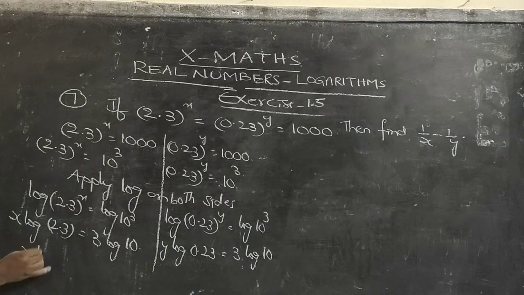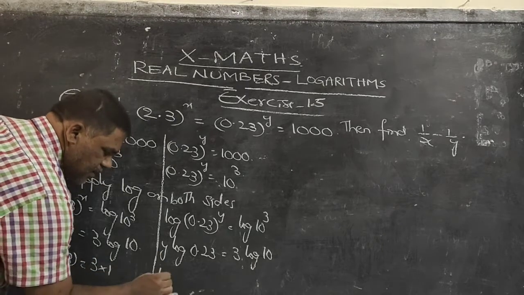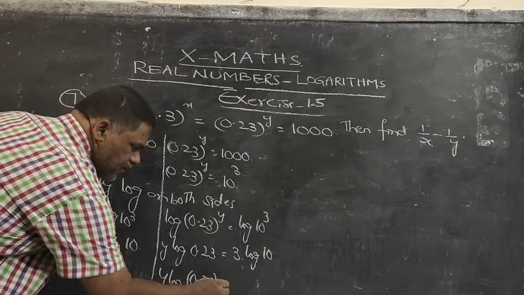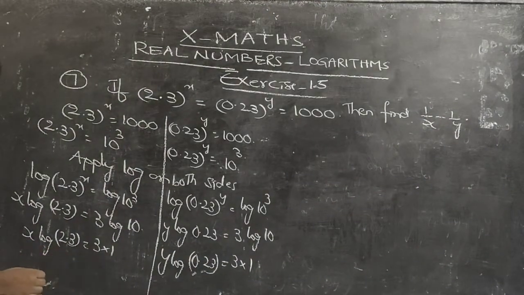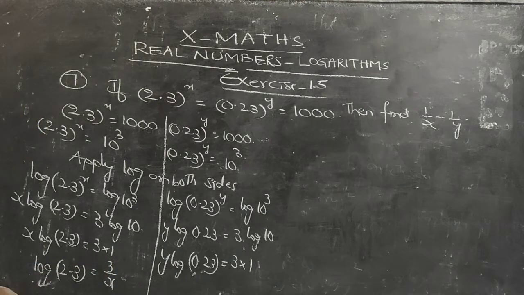So it is x log 2.3 is equal to 3 into log 10, which is 1. Here y log 0.23 is equal to 3 into log 10, which is 1. Send x this side. So we will get log 2.3 is equal to 3/x.